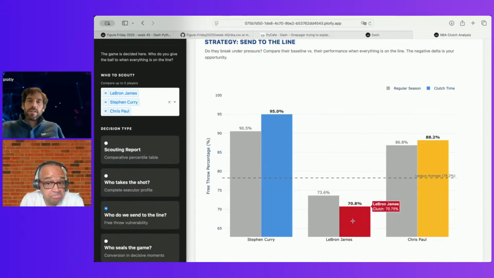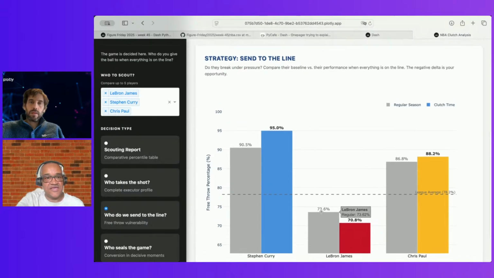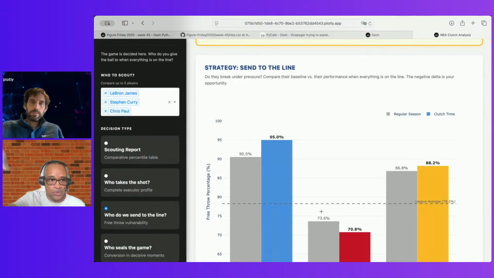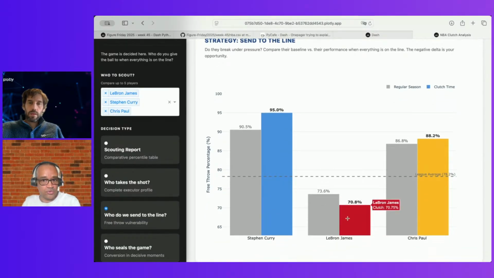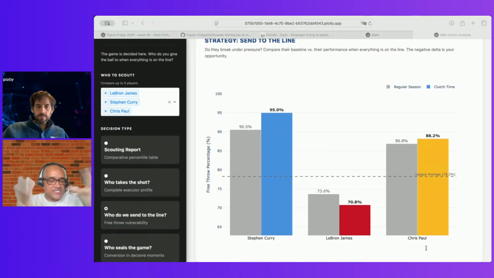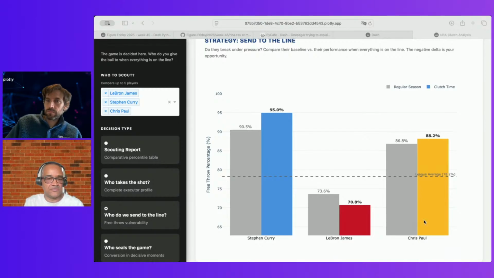So LeBron does worse in free throws, exactly 3% worse. The difference between LeBron's shot and the other two is twice as big. That's the reason why we have to compare apples with apples. Sometimes, in this case, it's a very simple analysis.